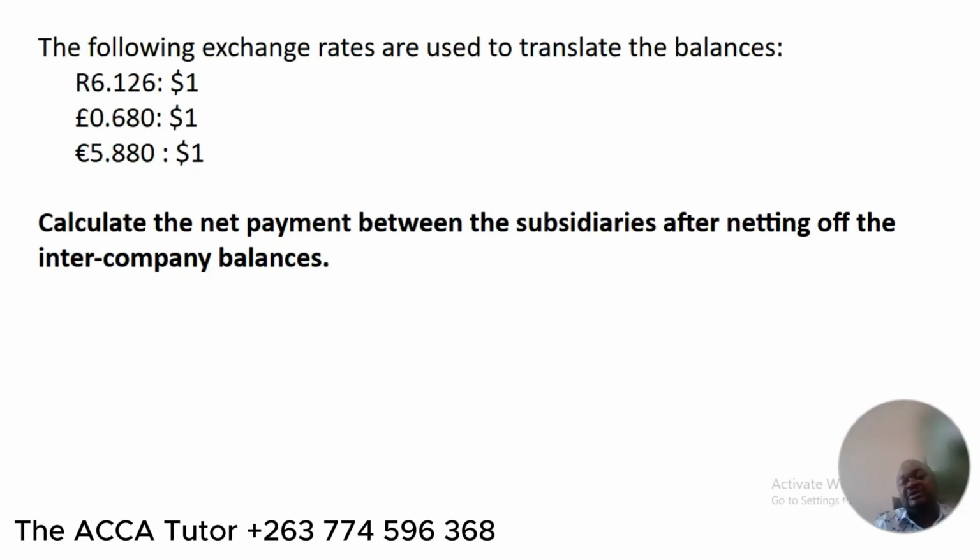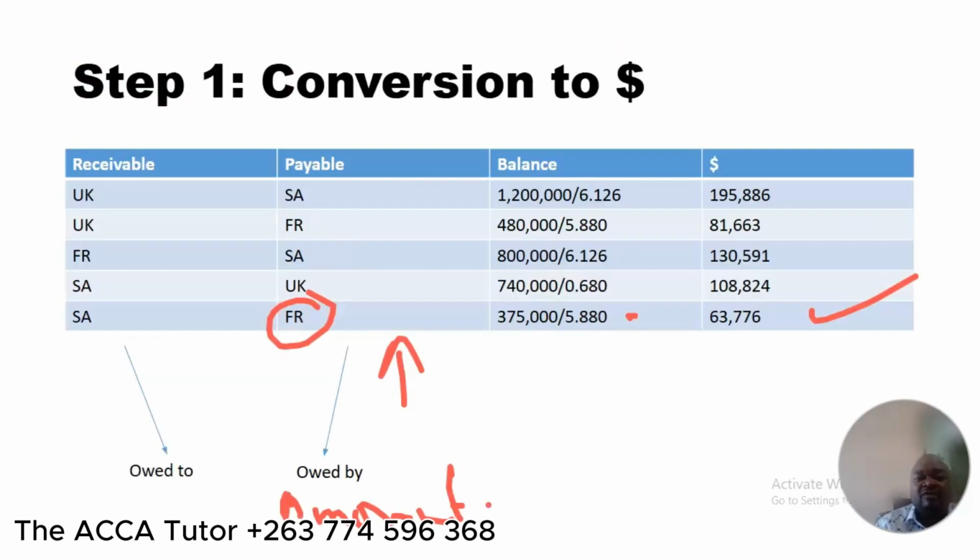You can still use that method: if the dollar is the base currency and the rate is stated per dollar, then to convert the amount given to dollars, obviously you need to divide. This is why we are dividing there, and we get this amount in dollars.